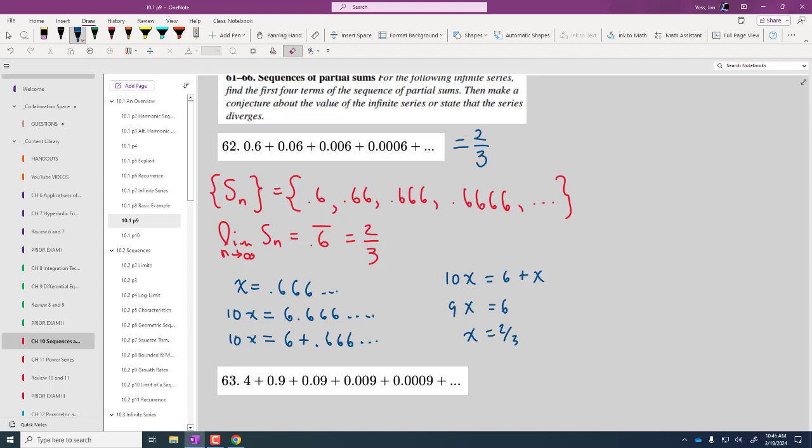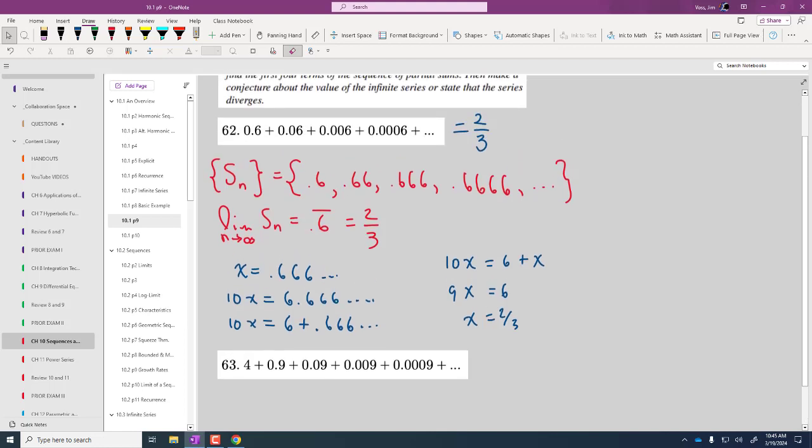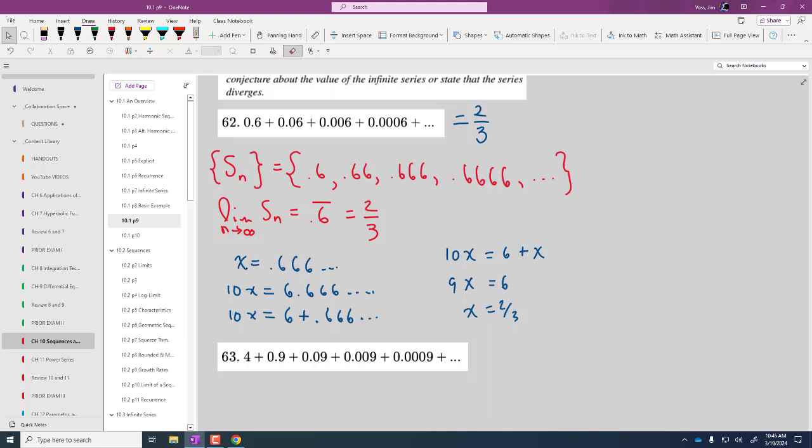Those two things are the same. Infinite series, 2/3, these are the same.